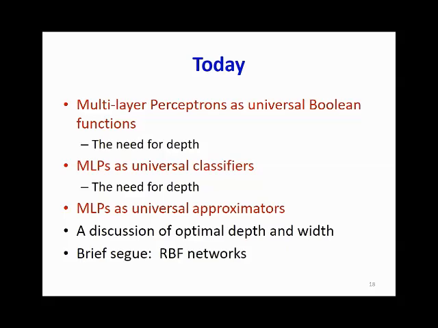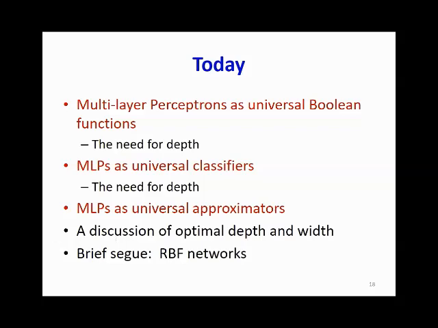Give me any arbitrary decision boundary, and I can construct an MLP that captures it arbitrarily accurately. Again, we will discuss the need for networks to be deep. And finally, we will see that MLPs are universal approximators. Give me any input-output relationship, and I can construct an MLP that approximates it to arbitrary precision. And again, we'll discuss the issue of depth.